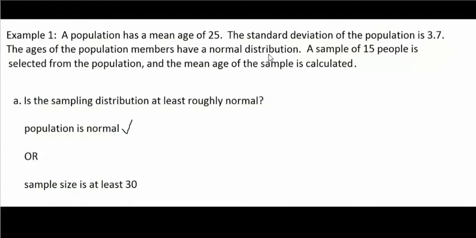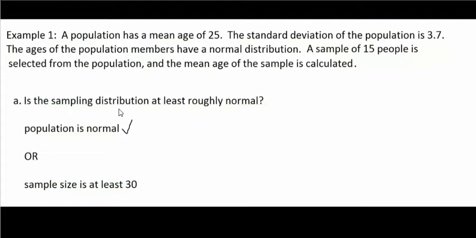And if the sampling distribution is normal, then we can go ahead and solve the problem. And to decide if the sampling distribution is at least roughly normal, we have to follow this checklist right here. So this checklist is actually something that I introduced in one of the last couple of videos.